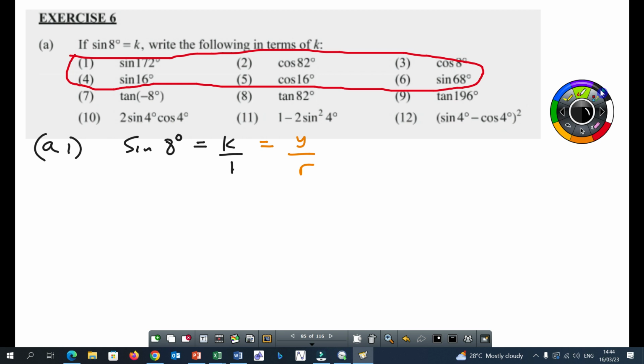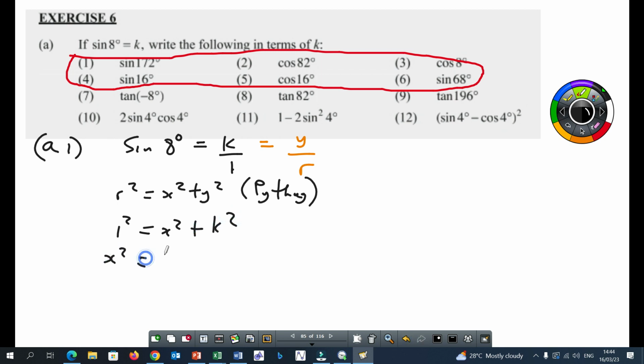Then we need to calculate x. So r squared is equal to x squared plus y squared. This is Pythagoras. So our r is 1, so that will be 1 squared equal to x squared plus y squared, and y is k, so that will be plus k squared.